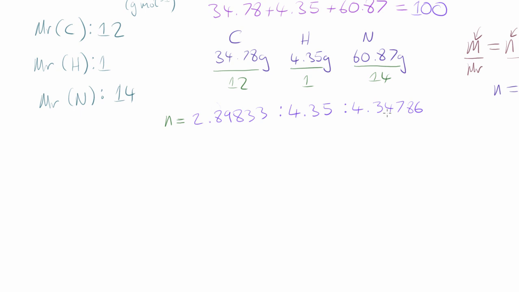So I'm going to divide all 3 values by that molar quantity. And having done that, I would invite you to have a go, see what you get when you calculate these, right?